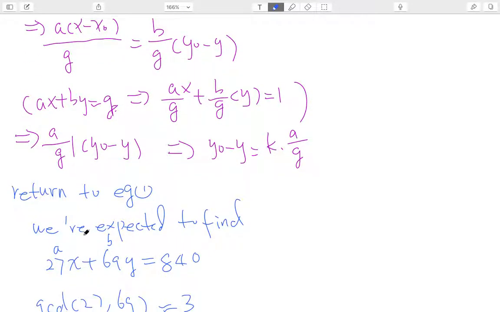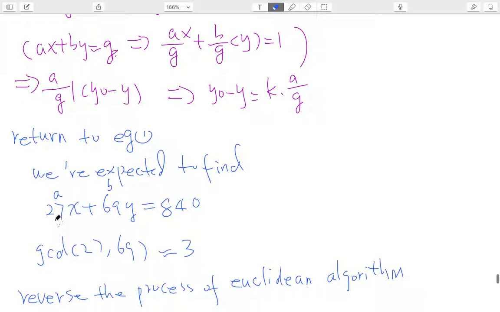So now let's return to the above example. We need to find all the solutions of such a linear Diophantine equation. These x and y represent the numbers we need to buy to spend all this 8.4 pounds.